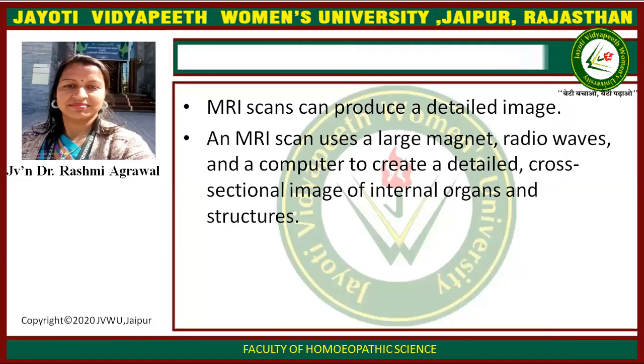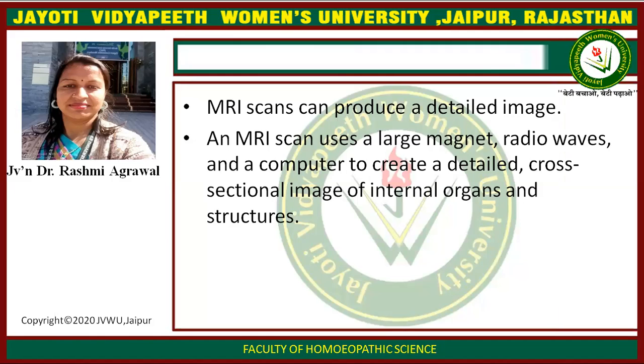An MRI scan can produce a detailed image. It uses a large magnet, radio waves, and a computer to create a detailed cross-sectional image of internal organs and structures.